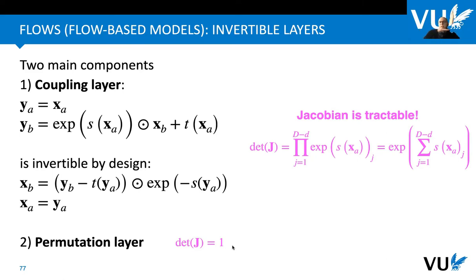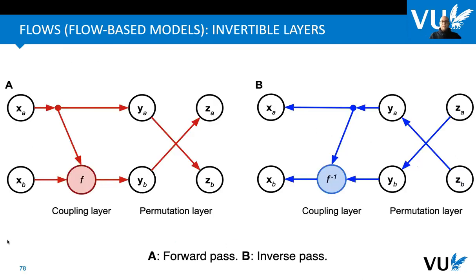It's like taking two axes and just rotating them. So if you know how to do that, you don't change the volume at all. This is a graphic representation of a composition of these two layers. First we process it and then we flip it. And if we want to revert this transformation, it is very easy to do.